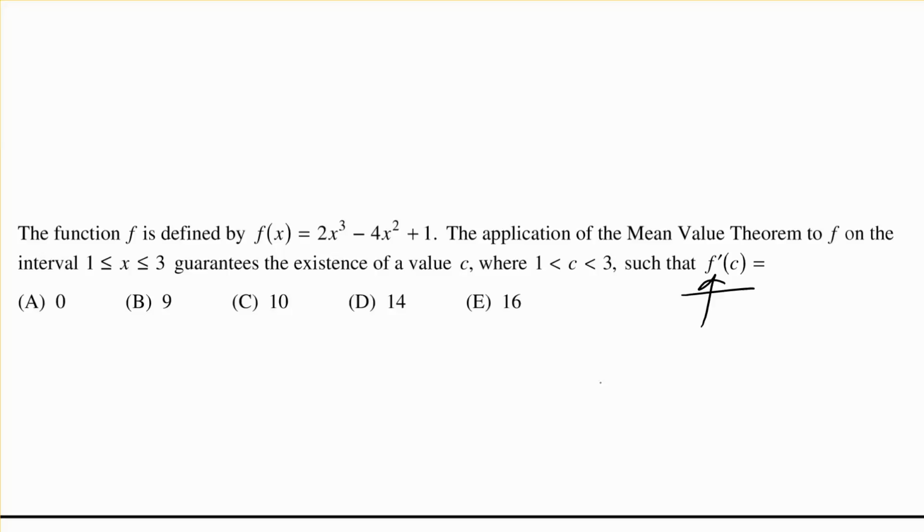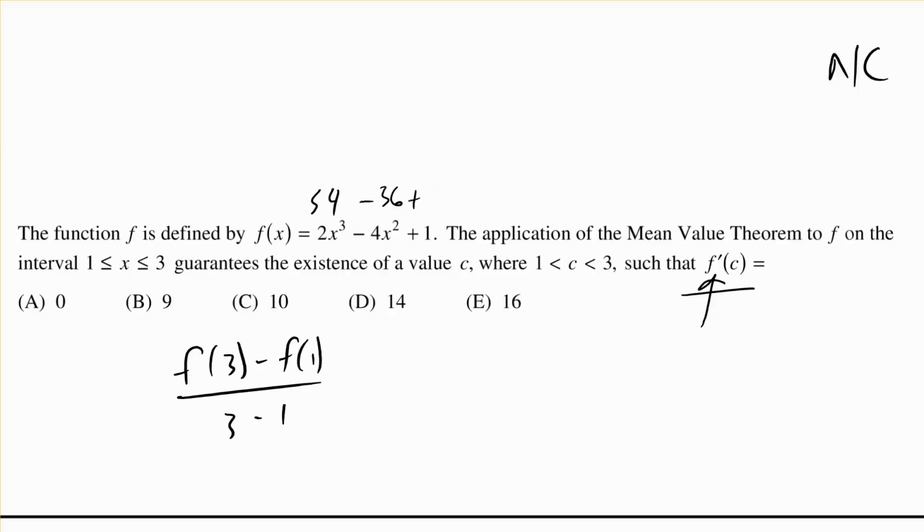So we need to find the average rate of change, which would just be f of 3 minus f of 1 over 3 minus 1. So if I put in f of 3, and again, this would be a no calculator, 2x cubed, so I've got 54 minus 36 plus 1.